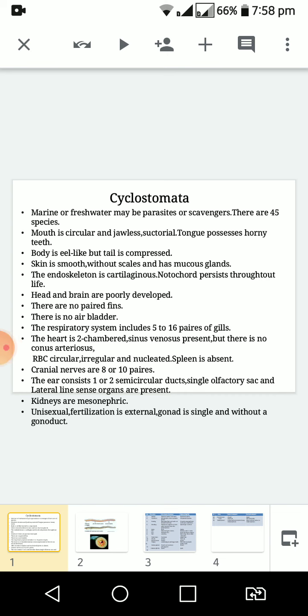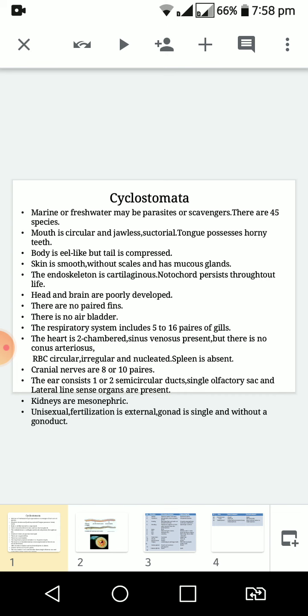Today the topic is Cyclostomata, which is in the second semester. It is a very important topic. Some cyclostomata are marine and some live in fresh water.